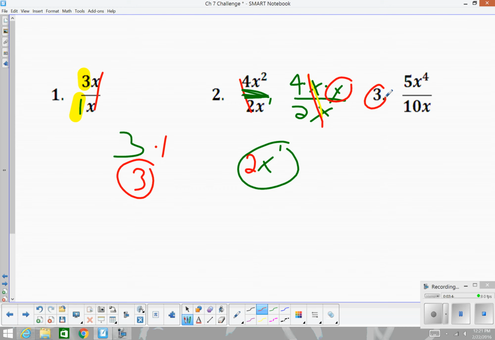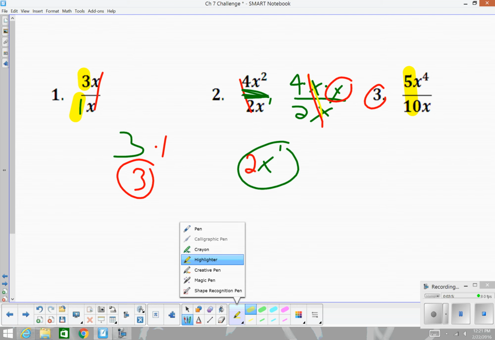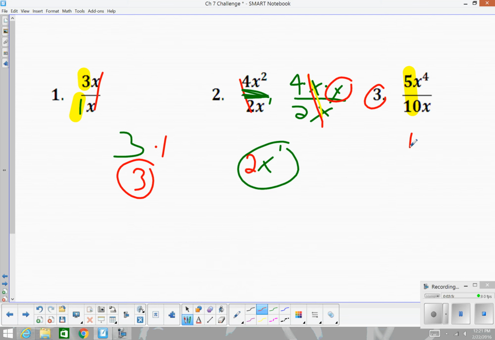For number 3, let's deal with the numbers first. So I have 5 and I have 10. If you were to simplify that expression of 5 over 10, that simplifies to 1/2. Then I have x to the 4th divided by x to the 1st. So if I have division, I subtract the exponents.